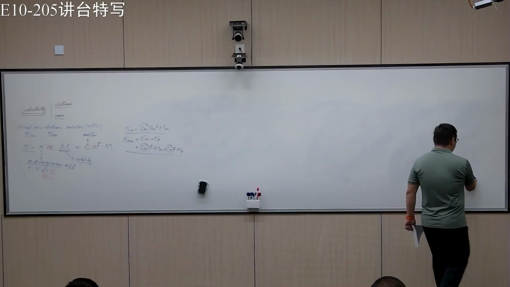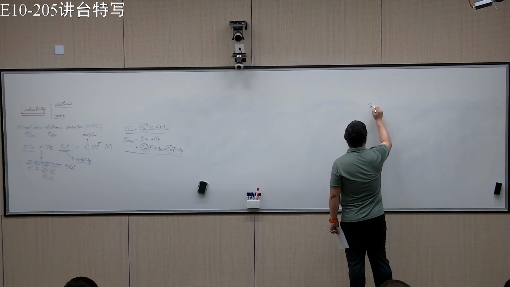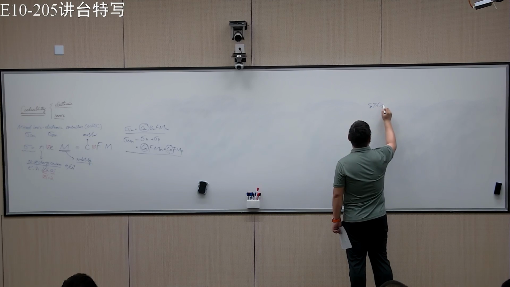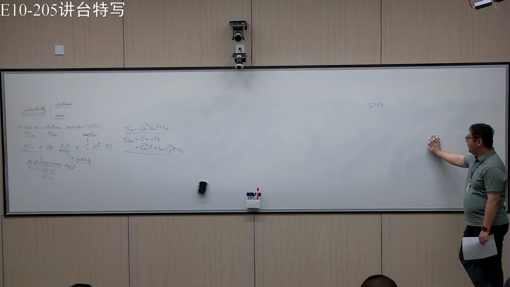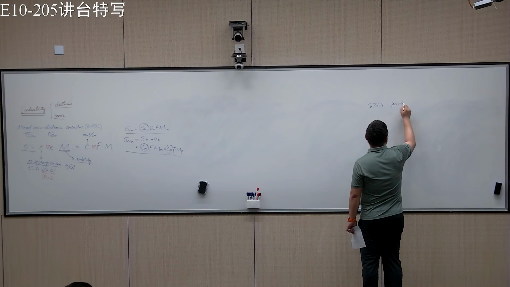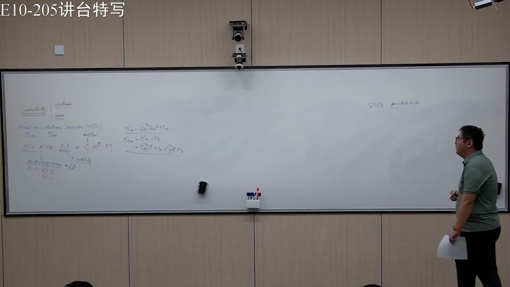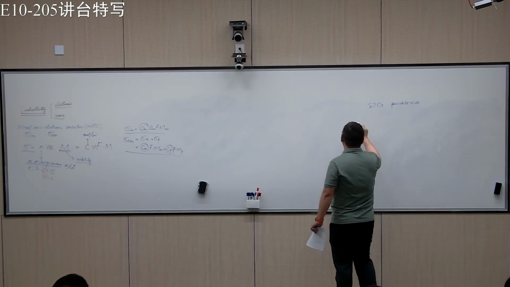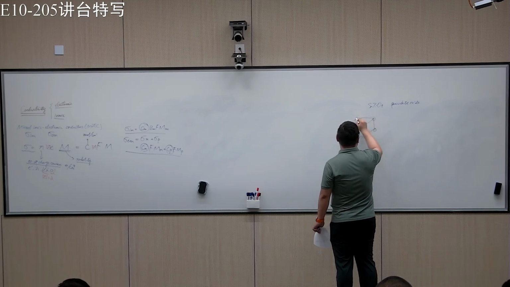Okay, so the example we're going to talk about is something quite prototypical. It's strontium titanate. For those who are not familiar with this one, it's actually a perovskite oxide. If you draw the structure, it has the titanium in the middle and strontium at the corner.